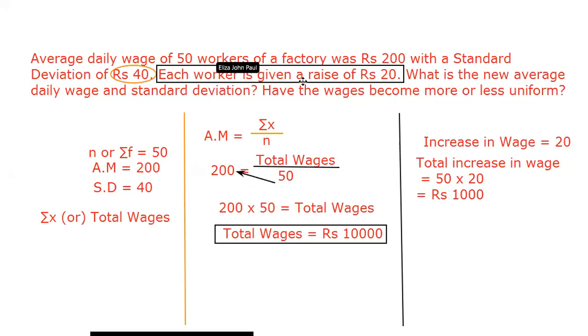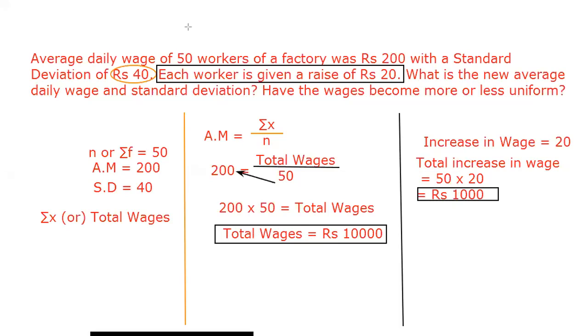Suppose they have increased 20 rupees, then what is the new average daily wage? We need to find the new arithmetic mean. The increase in wage is rupees 1000, and the total wage is rupees 10,000.